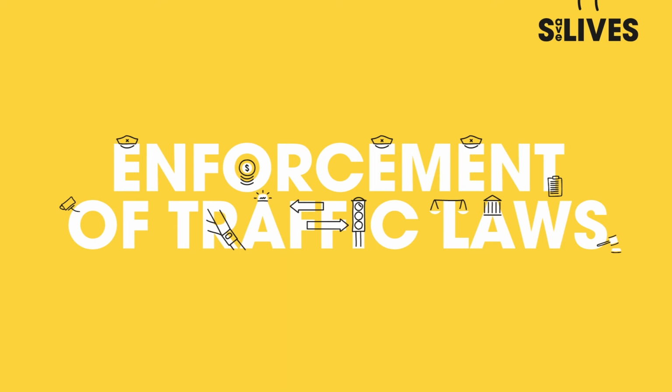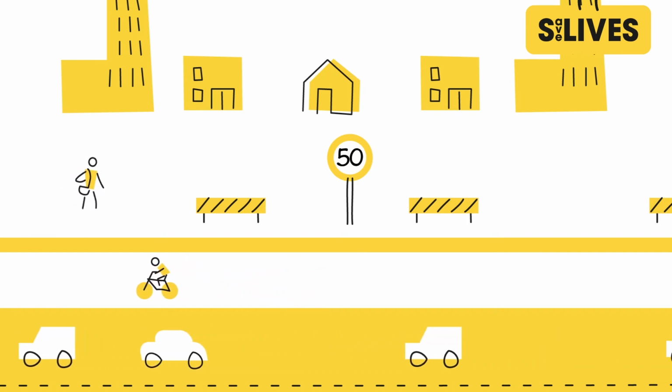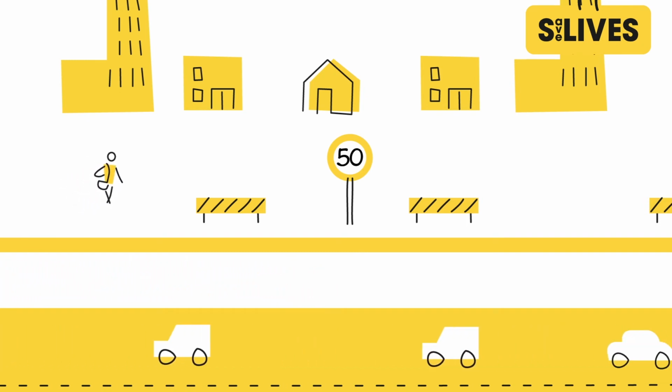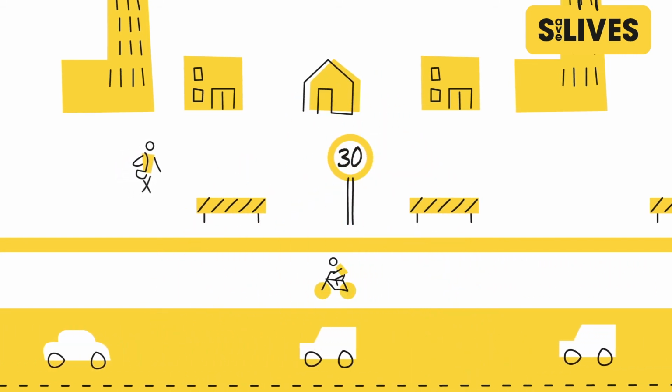E stands for enforcement of traffic laws. Speeding laws should set speeds on urban roads of 50 km per hour or less, and local authorities should be able to modify these laws as necessary.